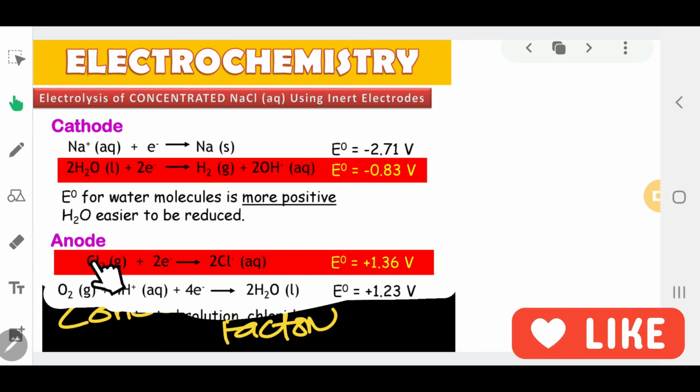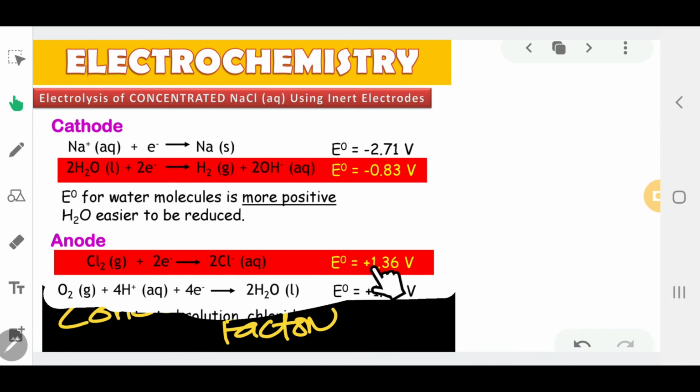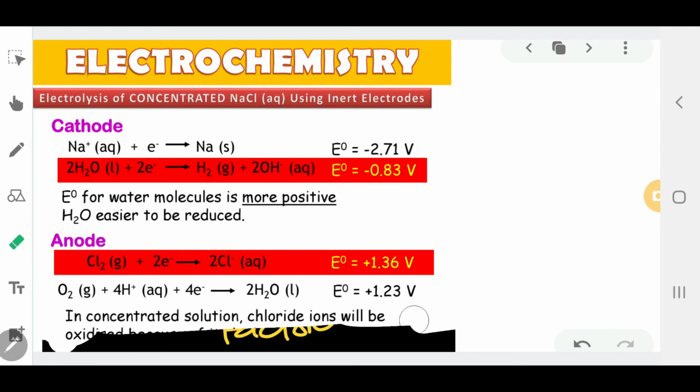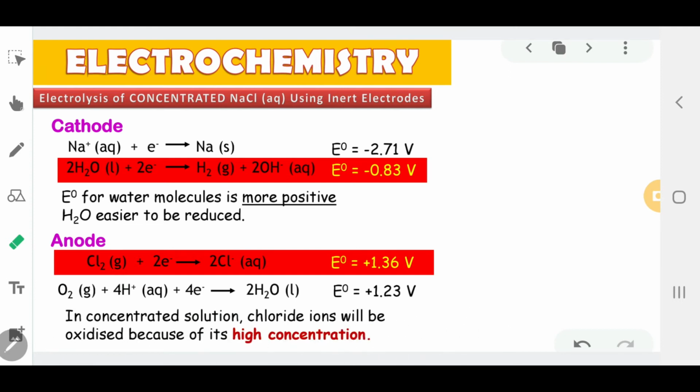When you look at the E0 value for chlorine, it is positive 1.36 volts, and the E0 value for water is positive 1.23 volts. Supposedly, when you compare these two values, water will be discharged first because it is less positive than the E0 value of chlorine.